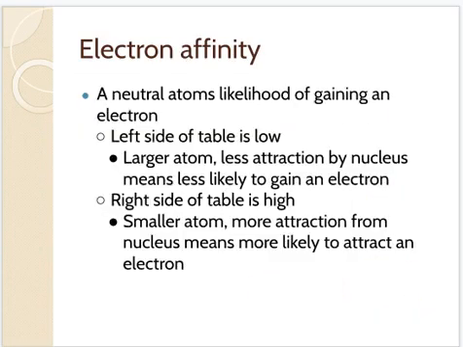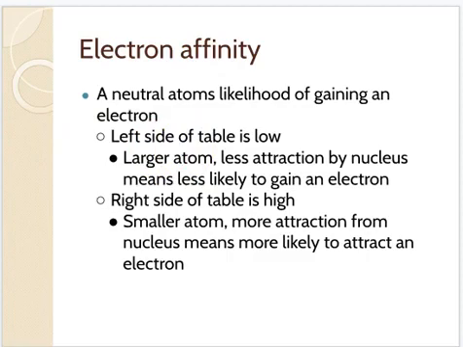And the very last trend, we're not going to spend much time on, it's electron affinity. It is very much the same as electronegativity. So it's the likelihood of gaining an electron. Again, the left side is low, the right side is high. Just know that this is the definition for it. A lot of times electron affinity and electronegativity in high school are used interchangeably.